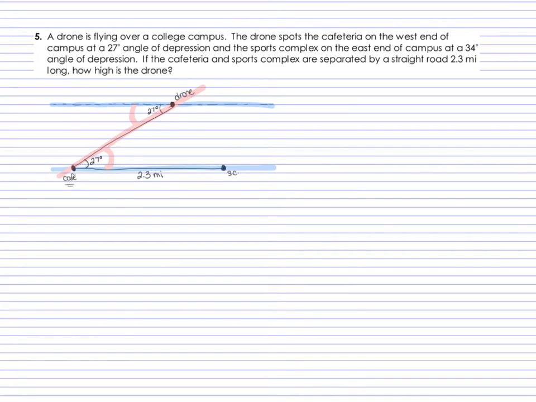Okay, now the drone looking at the sports complex says that it has an angle of depression of 34 degrees. So same idea here, the angle of depression is 34. Alternate interior angles means that this angle is also 34 degrees.